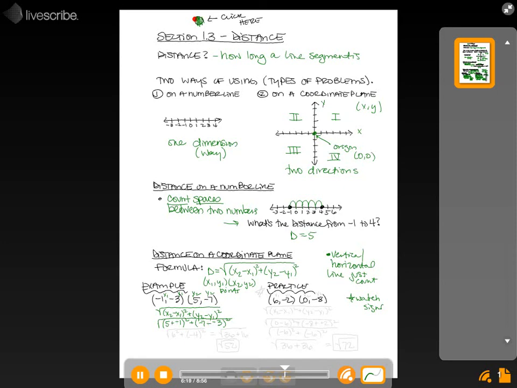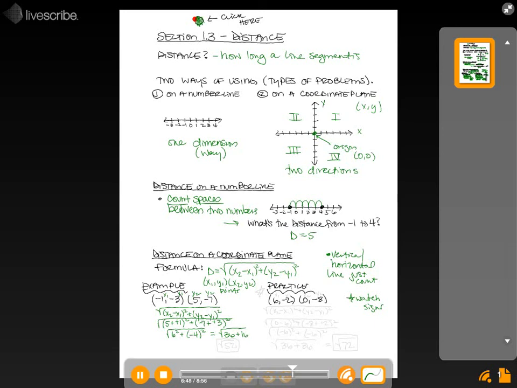Let's simplify this. Two negatives become a positive, so now it's 5 plus 1, which is 6 squared, plus -7 plus 3 now, which is -4 squared, all still under the square root. 6 squared is 36 plus, another spot where people get stuck, -4 squared is positive 16.